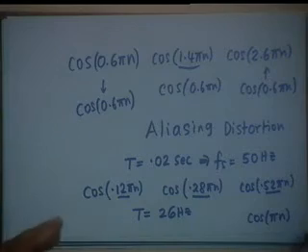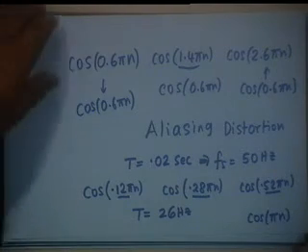With the help of a very simple example, I have illustrated what the sampling theorem is. If the sampling frequency is not adequate, adequate means it's not at least twice the highest frequency content of the signal, then there shall occur aliasing distortion and the message would be distorted. There is no way that you can recover the original signal.